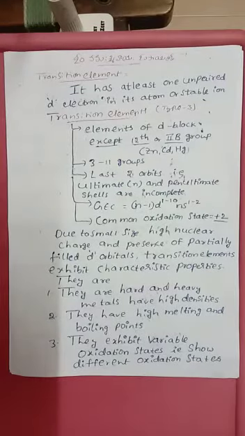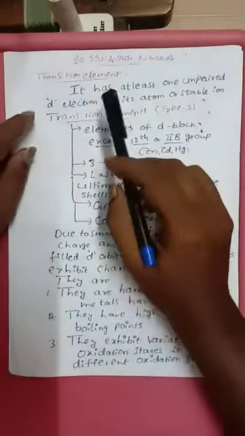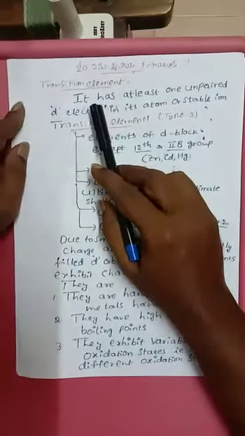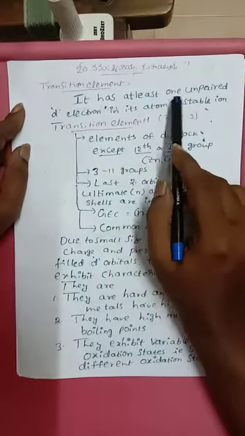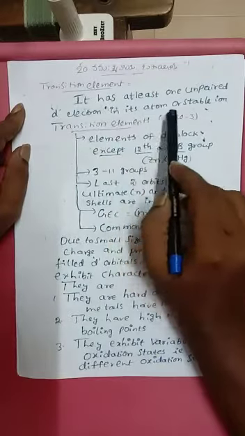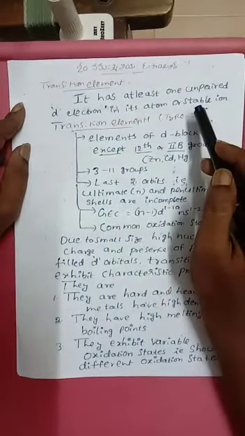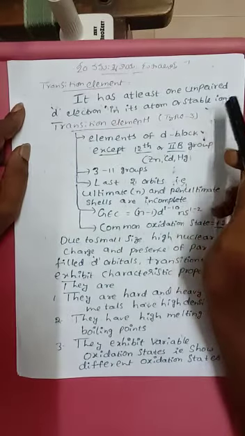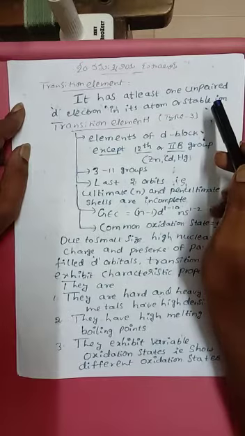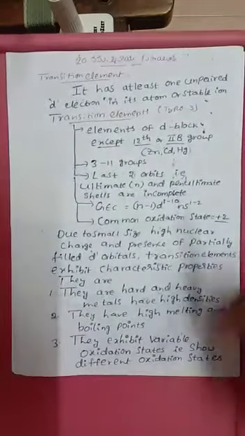Now let us know about transition elements. What is a transition element? A transition element should have at least one unpaired d electron in its atom or stable ion, either d1 configuration or d2 or d3 or d4 up to d9, that is d1 to d9.